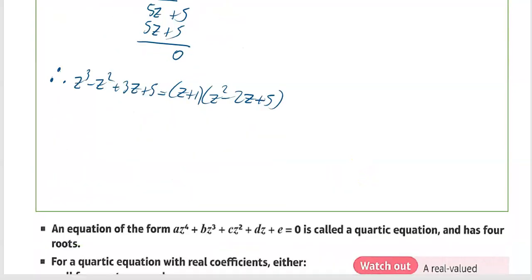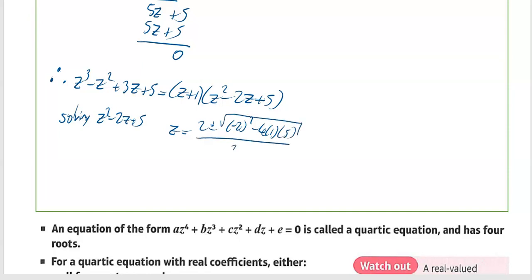So I'll just say solving z squared minus 2z plus 5, and just jump to your quadratic formula. z is going to be equal to 2 plus or minus the square root of minus 2 squared minus 4 times the 1 times the 5, all divided by 2a, which is 2.